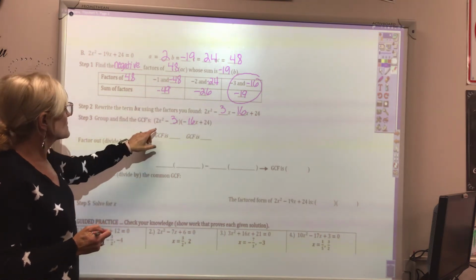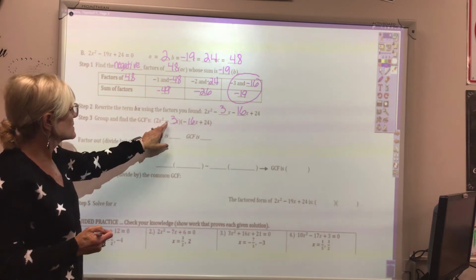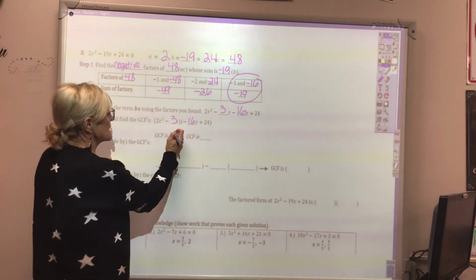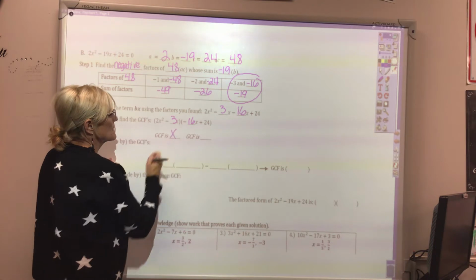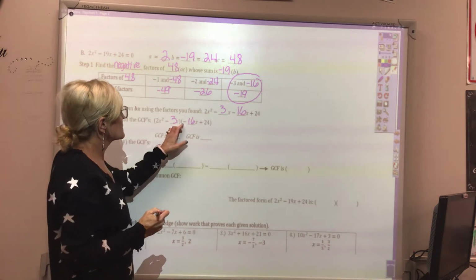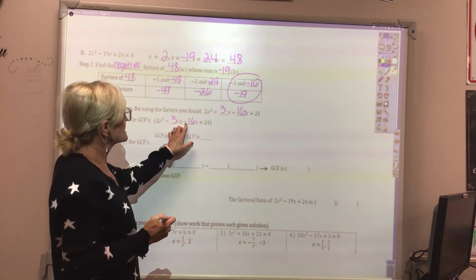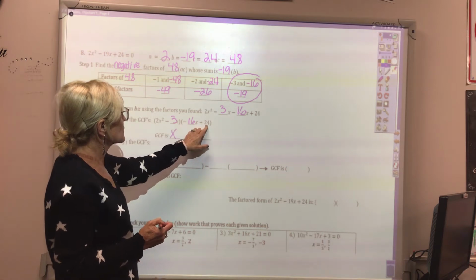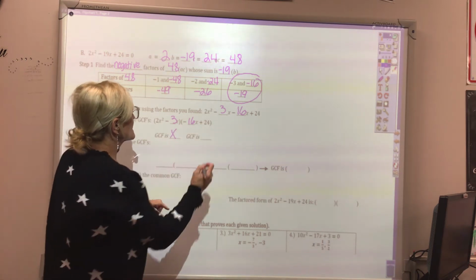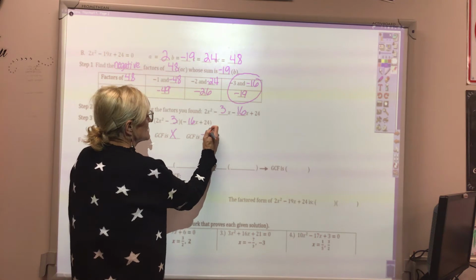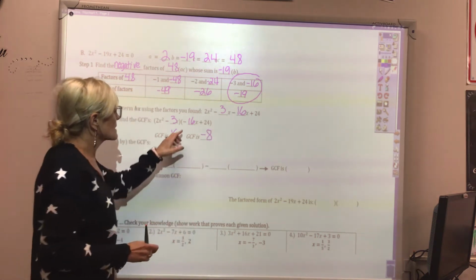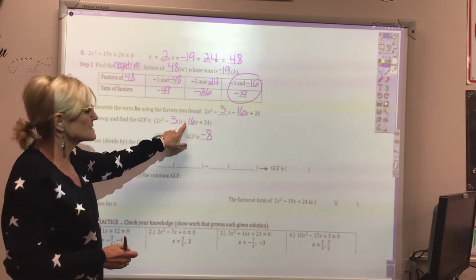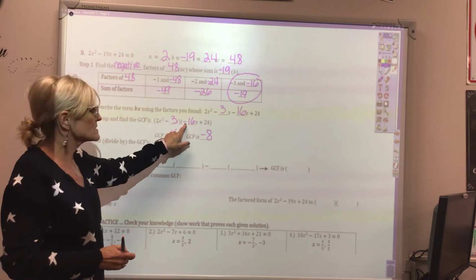So the greatest common factor between 2x squared and negative 3x is x. The greatest common factor between negative 16x and 24 is going to be negative 8. And the reason it's going to be negative is I always want you to pull out this sign, whatever it is, with the factor.